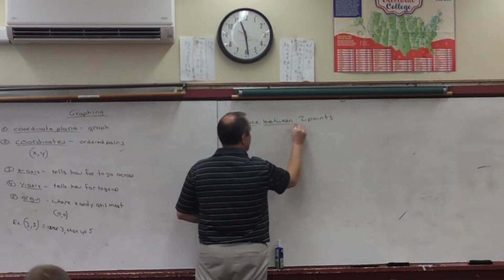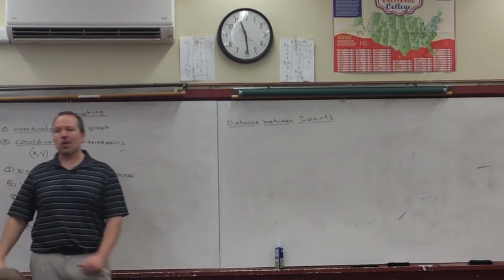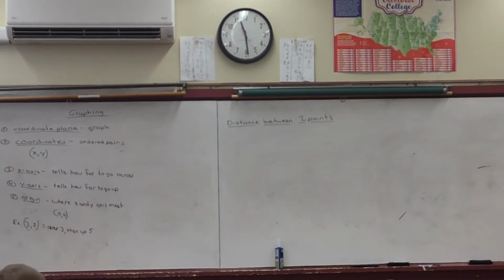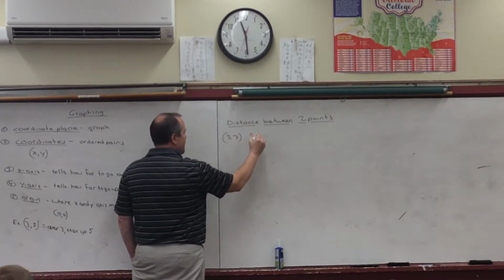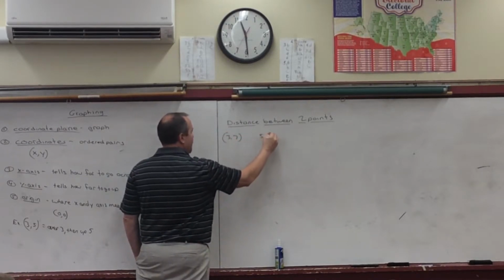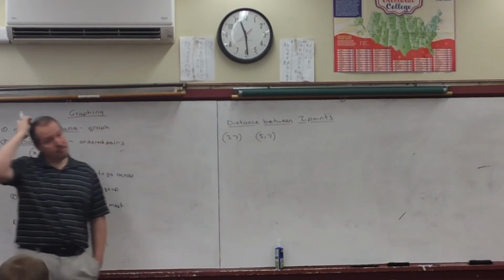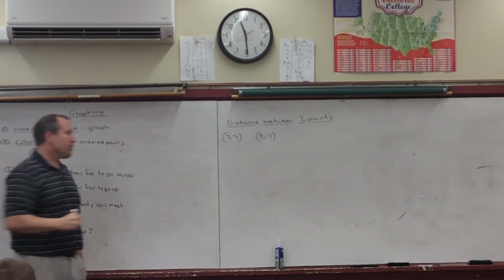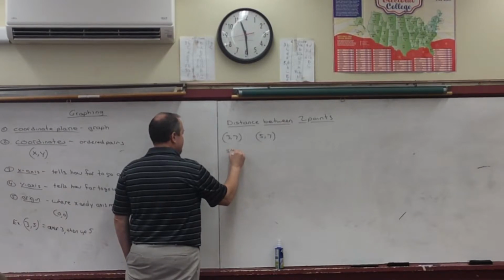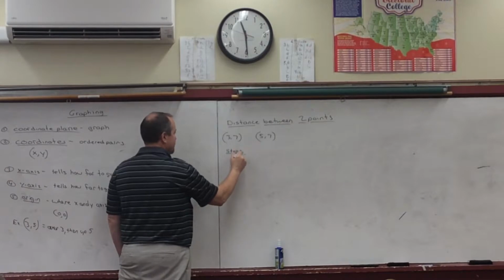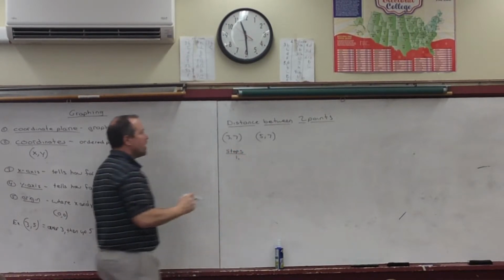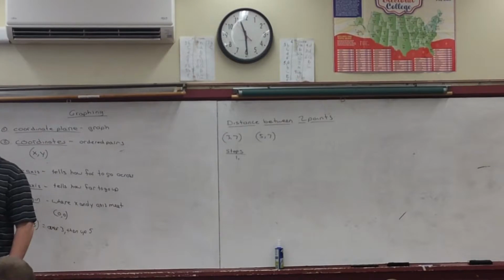To tell how far you are between 2 points, if we have the ordered pair 3, 7, and the ordered pair 5, 7, the first thing you want to do is see which is different.